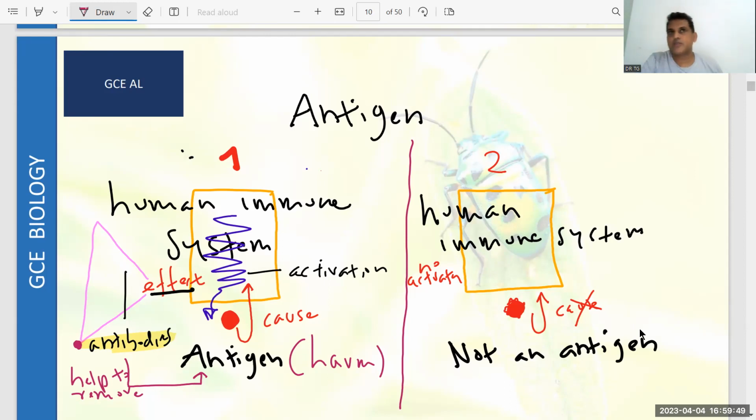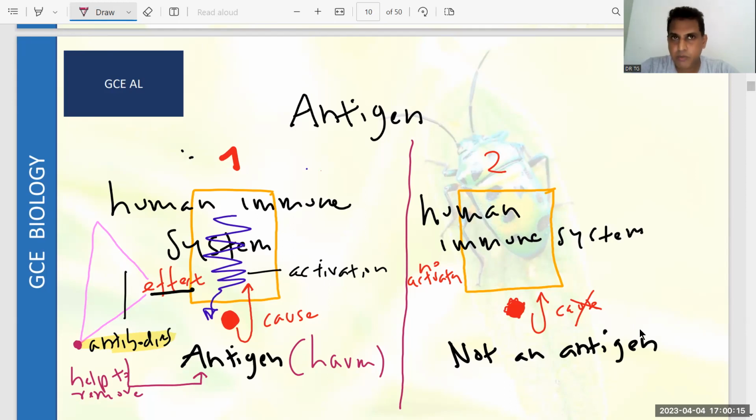But you know, some molecules which are not part of our body don't cause a reaction. If you take cow milk, some of the proteins might not match with our body.